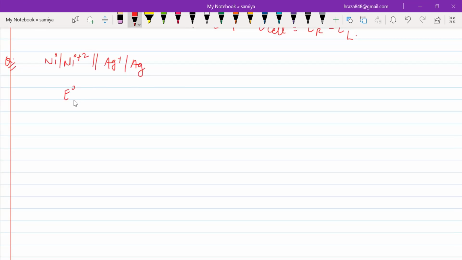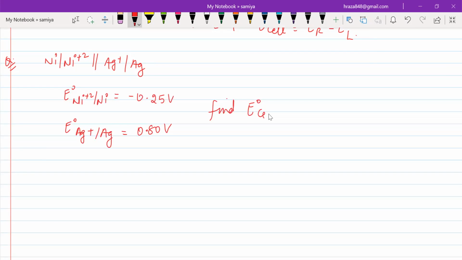Now it is given that E naught Ni plus 2 slash Ni is minus 0.25 volt, and it is also given that E naught Ag plus slash Ag is equal to 0.80 volt. Find E naught cell. That means we need to calculate the standard electrode potential of the cell if this is given.